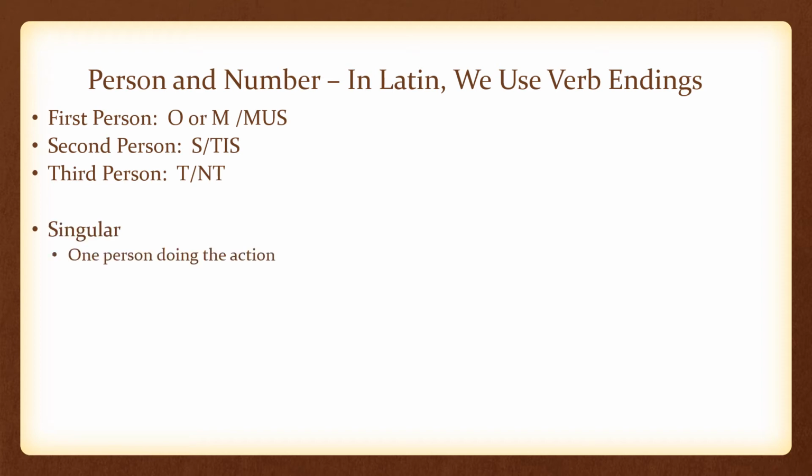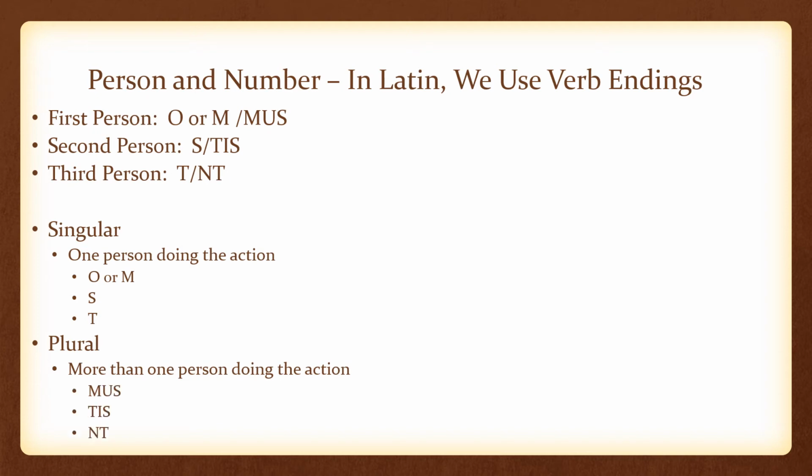To organize these another way, the singular endings all together, when there's one person doing the action: O or M, S, and T. The plural endings, when there's more than one person doing the action: MUS, TIS, and NT.